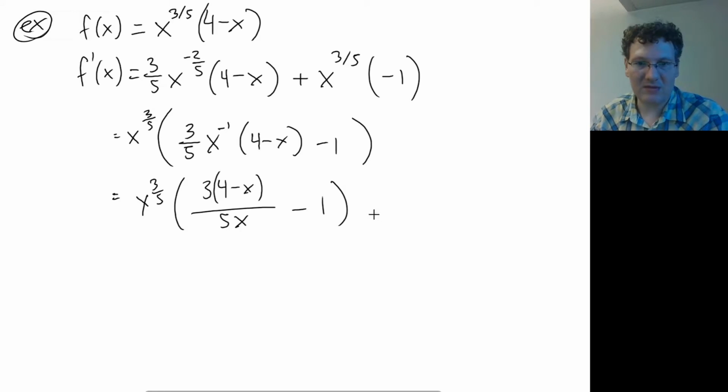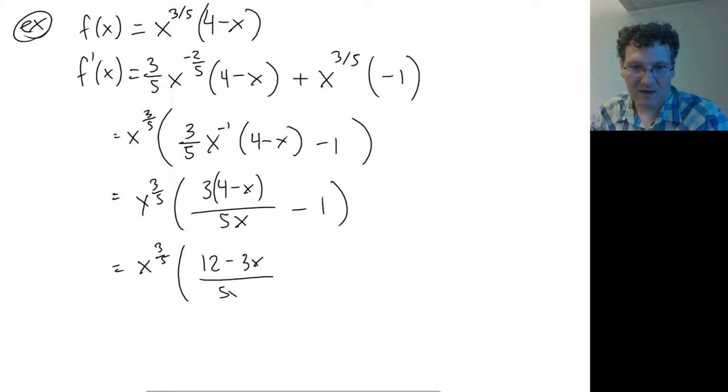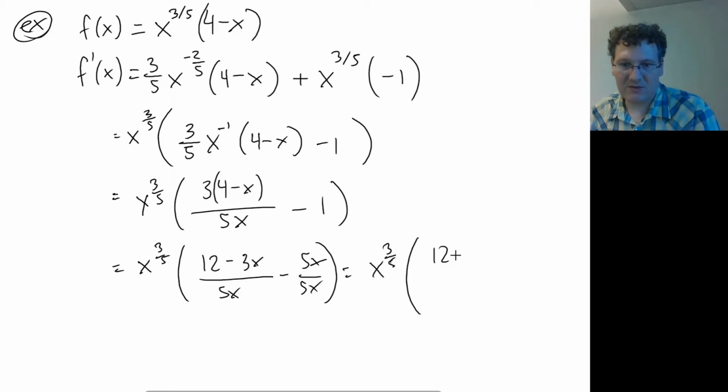What I'm going to do is take this x to the 3/5. This is going to be 3 times 4 is 12 minus 3x over 5x. I'm going to subtract 5x over 5x. And so that's actually going to be x to the 3/5 times 12 minus 8x over 5x.